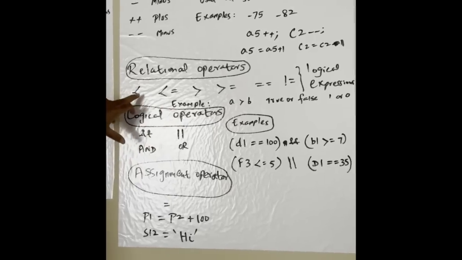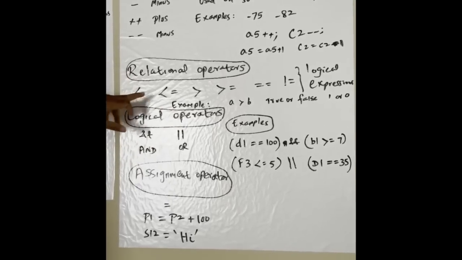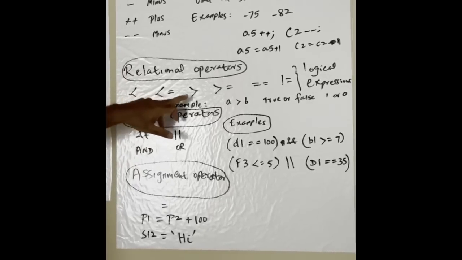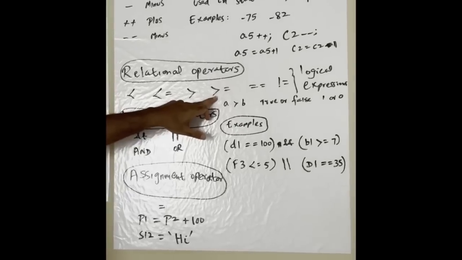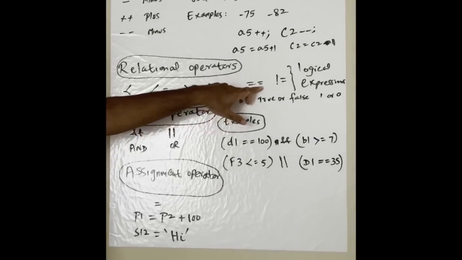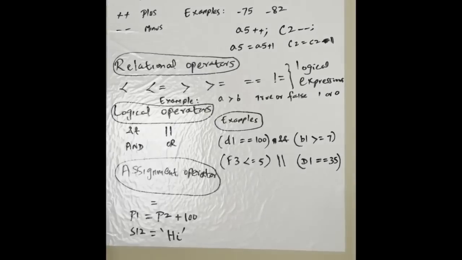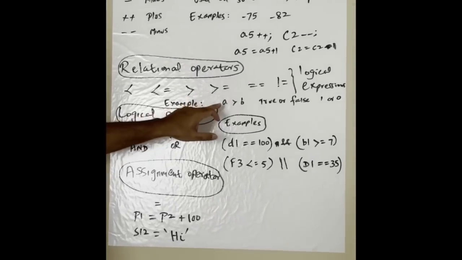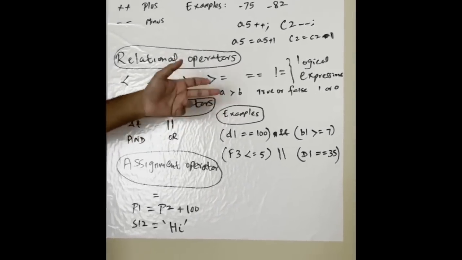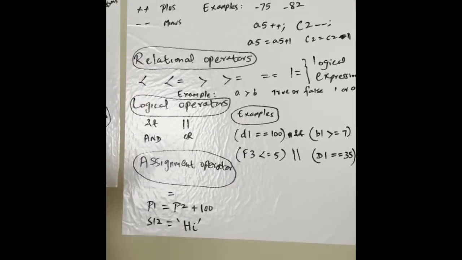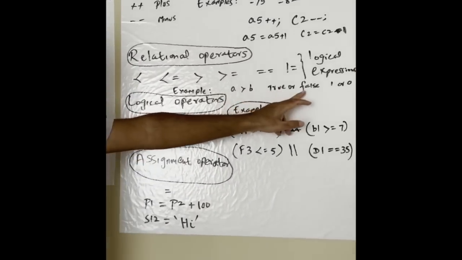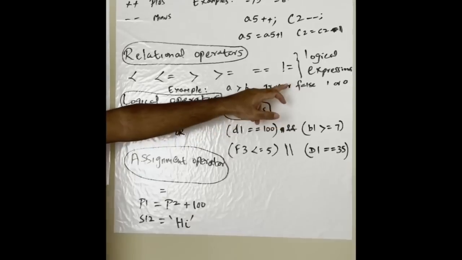Some examples of the operators: less than, less than or equal to, greater than, greater than or equal to, or not equal to. Not is an exclamation and equal, the not operator. Example: A greater than B. If A greater than B, do this thing, else do this thing.